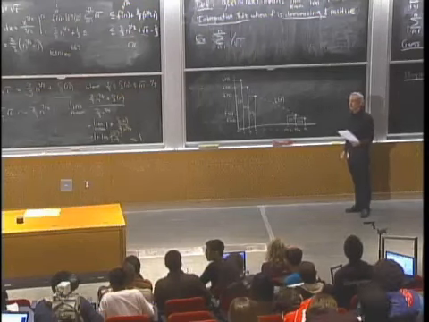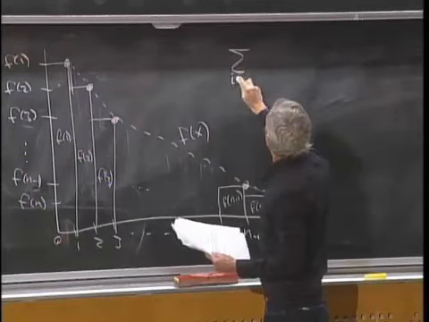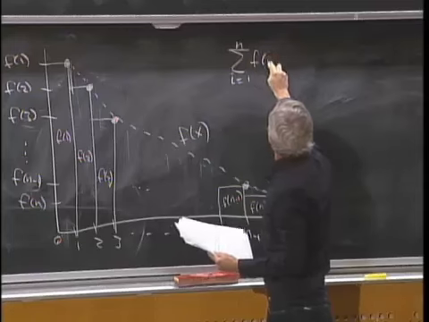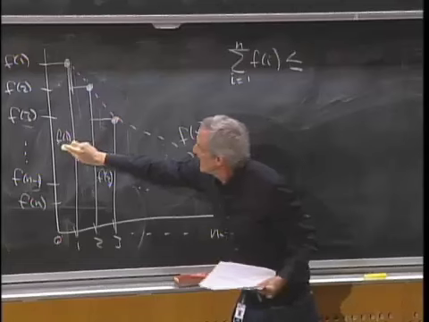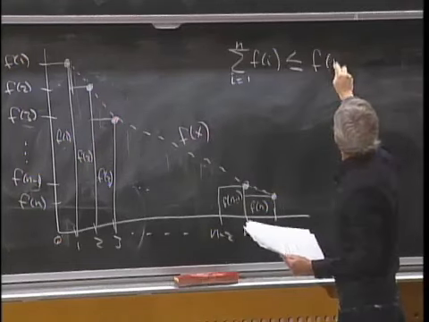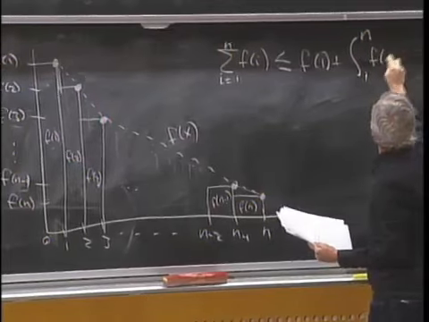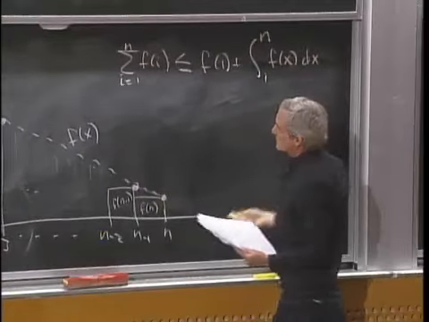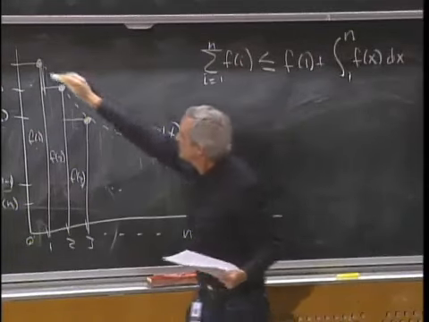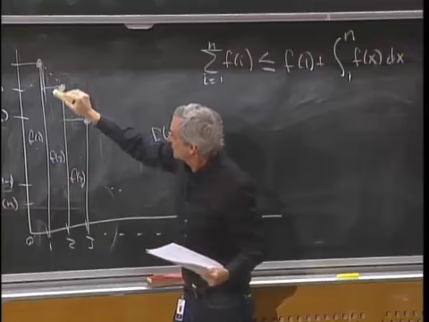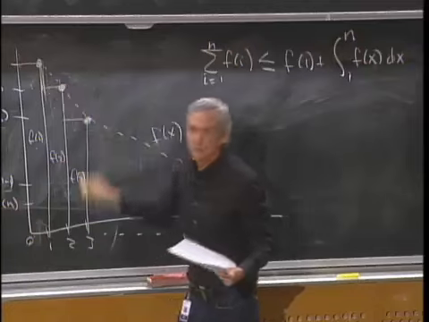An upper bound on my sum. Okay, so the sum i equals 1 to n, f of i, is upper bounded by that guy, which is f of 1 plus my integral, which is the area under the curve. The integral is the area under that curve, starting here. And that contains all these rectangles. And then I just add in f of 1 to get an upper bound.